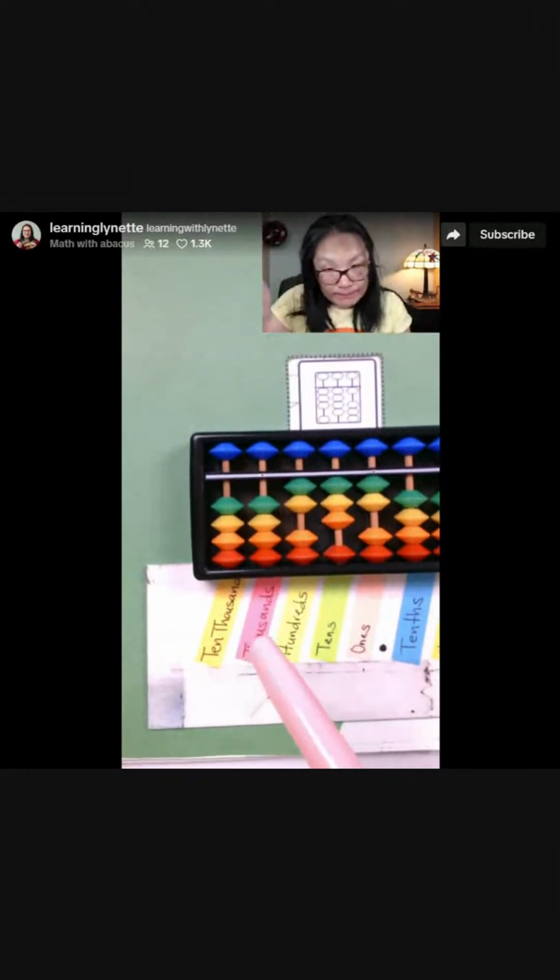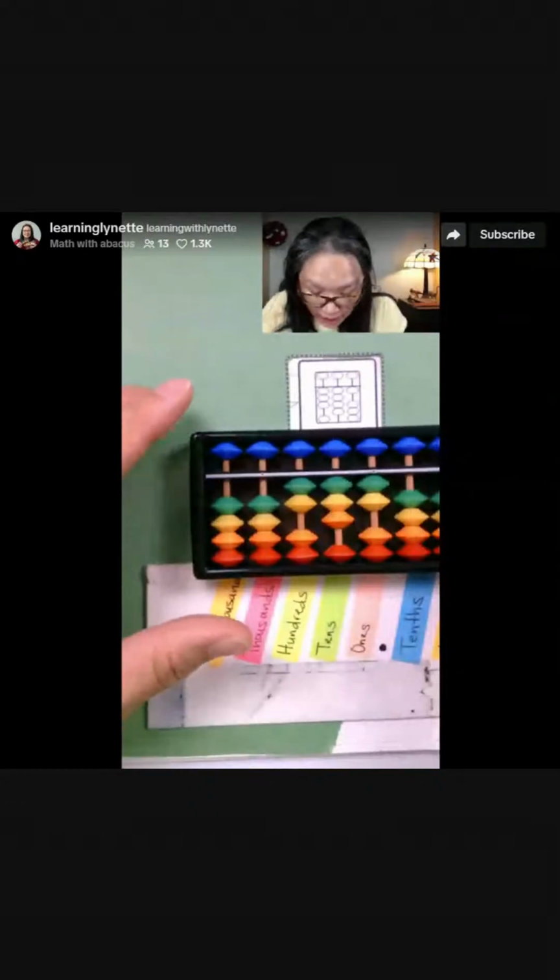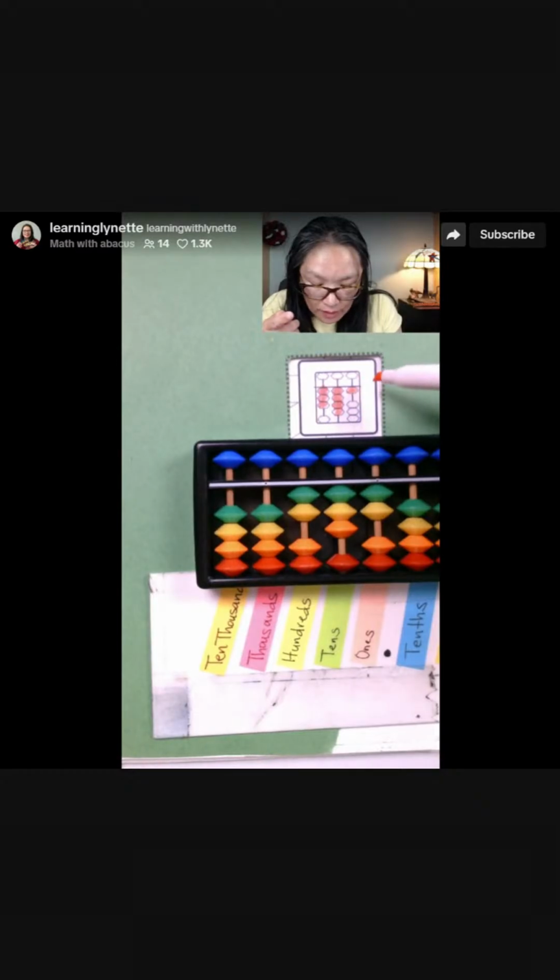300, we have 1, 2, 3 in the hundreds. We have 1, 2, 3, 4. And usually parents are interested in teaching their children how to use the abacus, as opposed to pictures and dots and numbers and abstracts.